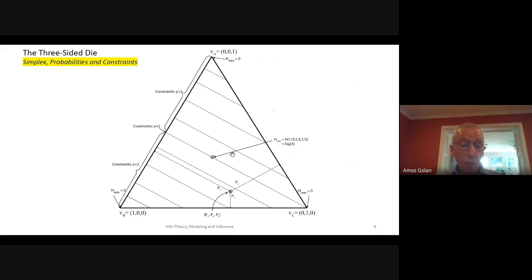Now let's choose another number, a mean value above 2, because we're getting close to 3 here. Let's say 2.5. Every point on this line will have a mean of 2.5. Again, which one should we choose?